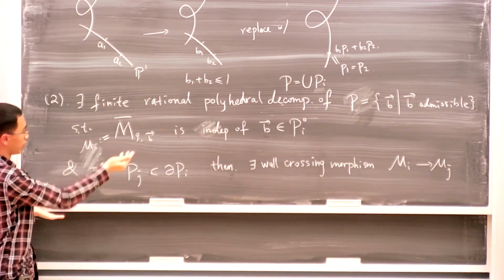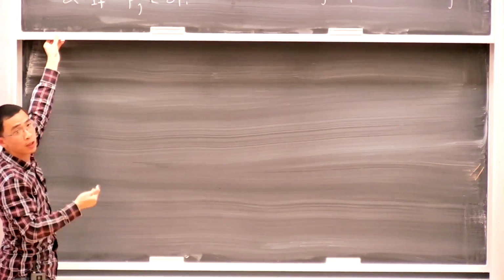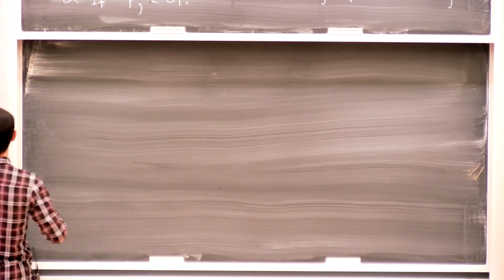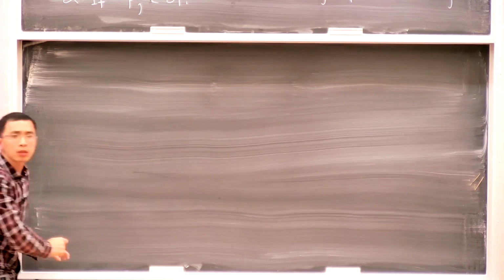So basically what this says is that as you vary your coefficient, there are finitely many moduli spaces that appear, and there are only finitely many morphisms that you can use to compare these spaces. But of course, once you drop the weights, there is always this kind of comparison. So that's it.